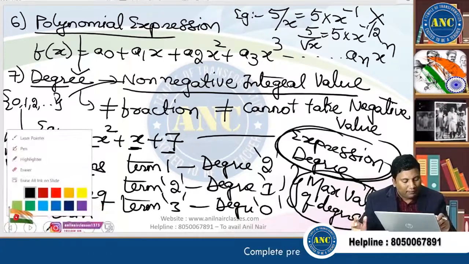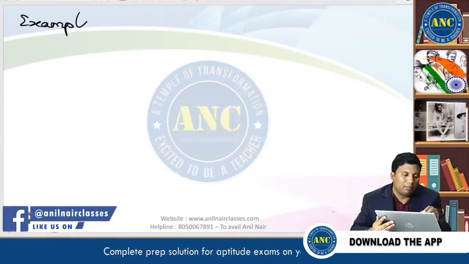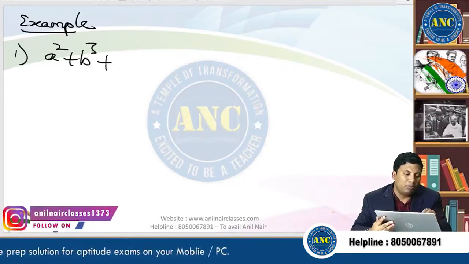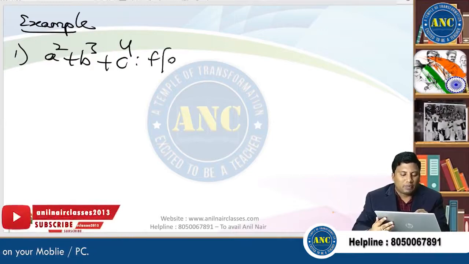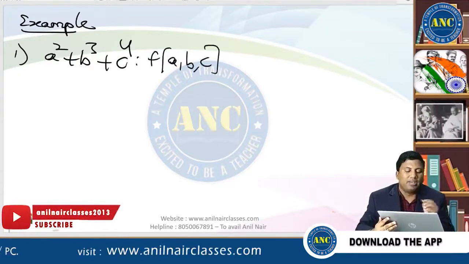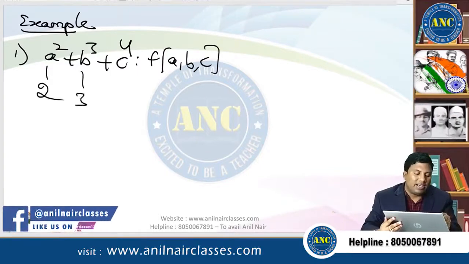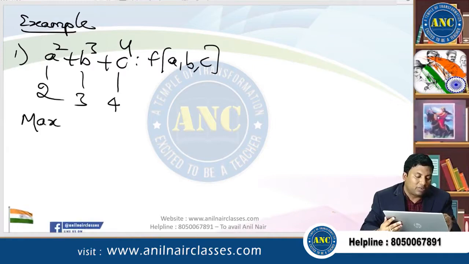For example, a square plus b cube plus c power 4. What is the degree of this function f of abc? What is the degree of term 1? Term 2? Term 3? What is the maximum degree out of these?